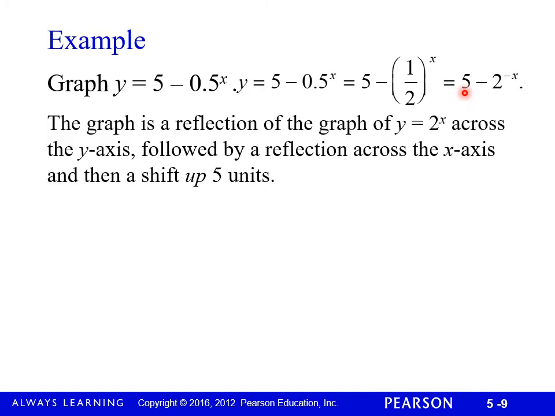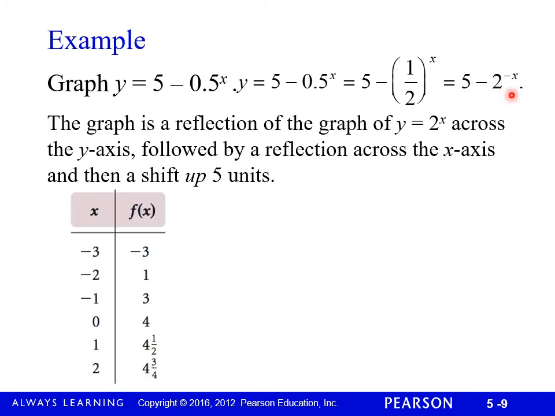So this is a reflection of the graph of y equals 2 to the x across the y-axis, followed by a reflection across the x-axis, and then shifted up 5 units. It's across both the x and y because we have the negative x in the exponent, and we have a negative sign out front as well.